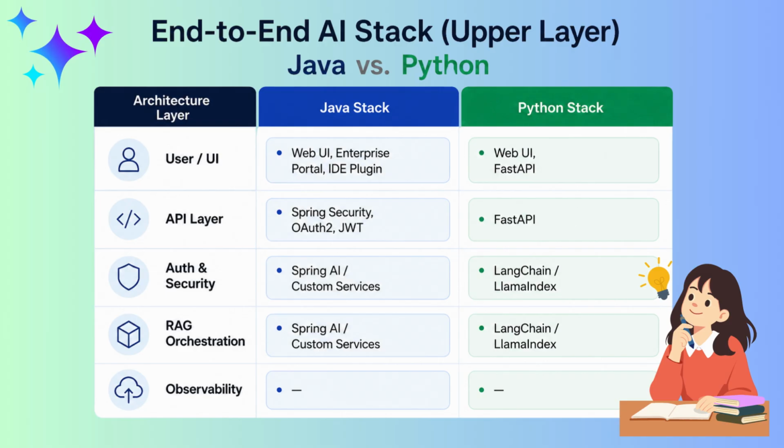Then we reach RAG orchestration. Python uses frameworks like LangChain or LlamaIndex. Java often implements the same logic explicitly using Spring AI or custom services. The key takeaway here, the architecture does not change between Java and Python, only the tooling does.